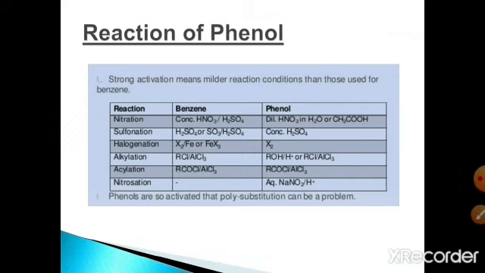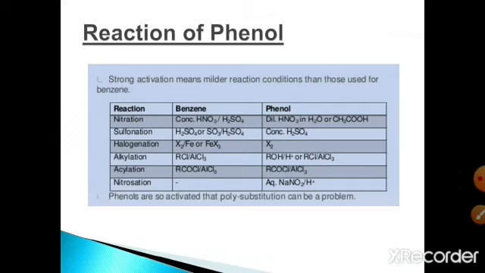Similarly, halogenation takes place in the presence of a catalyst, where we use iron and iron halide with the halogen. But when halogenation takes place on phenol, only the halogen is used in the reaction mixture. No catalyst is used in these reactions.